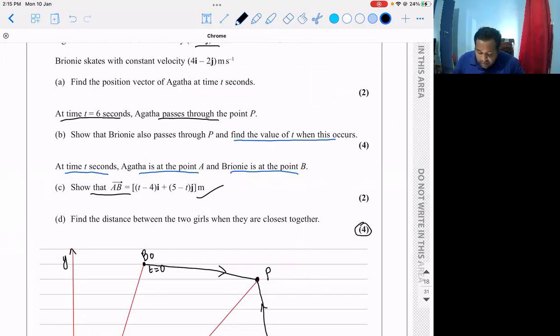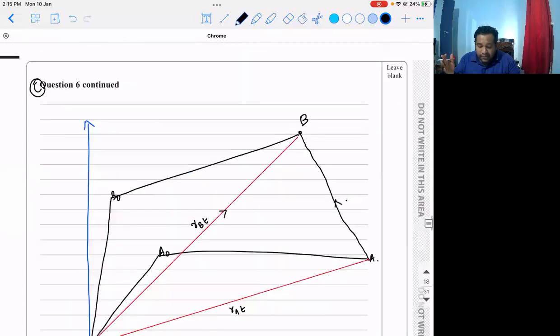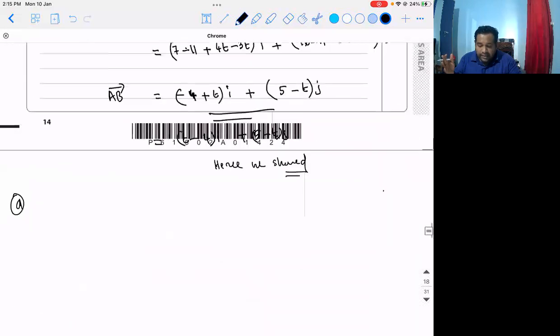So we just want to find that distance. Both are starting from t equal to 0. Then we need to find at what time this distance is smallest. So for that, we will take the magnitude. How will we take the magnitude?